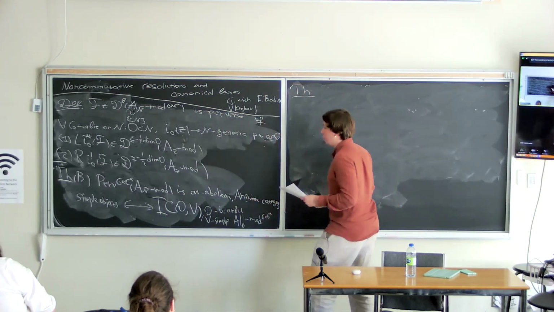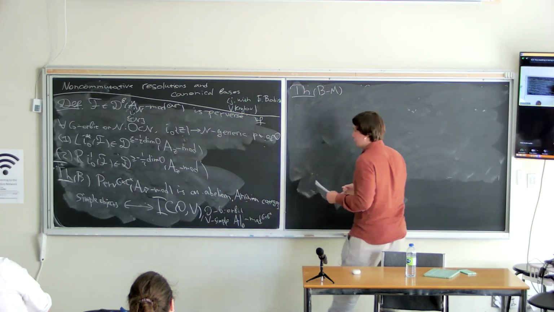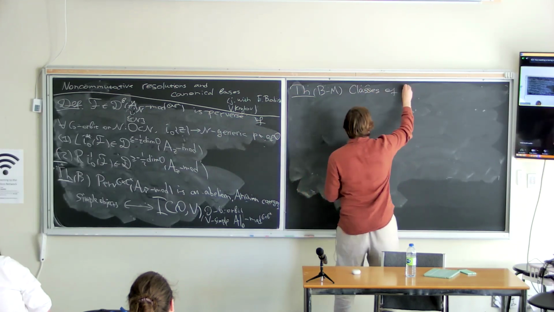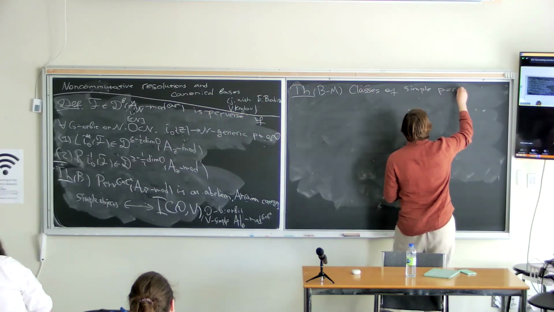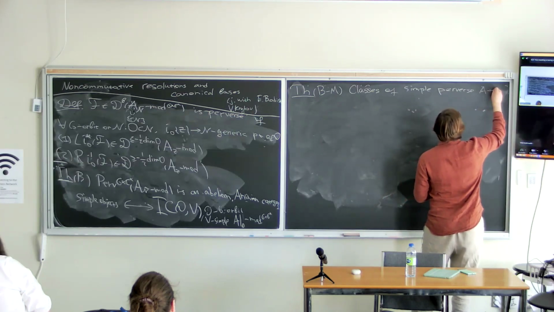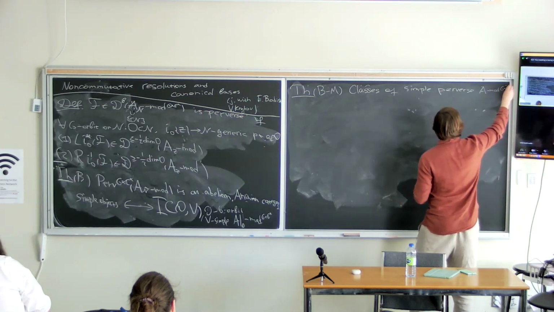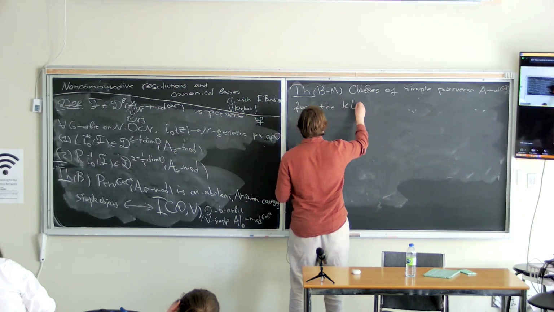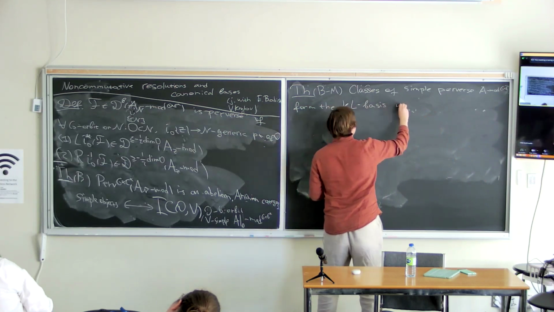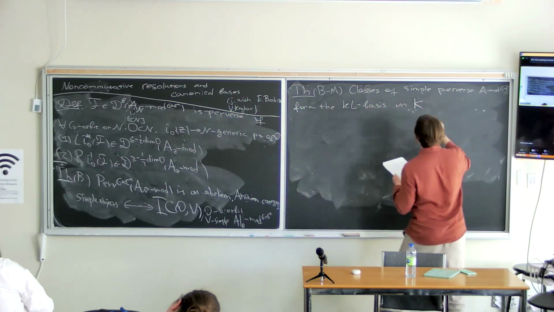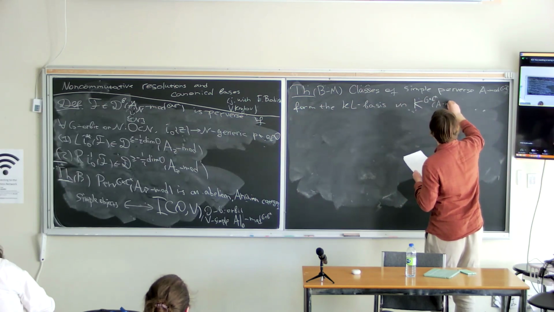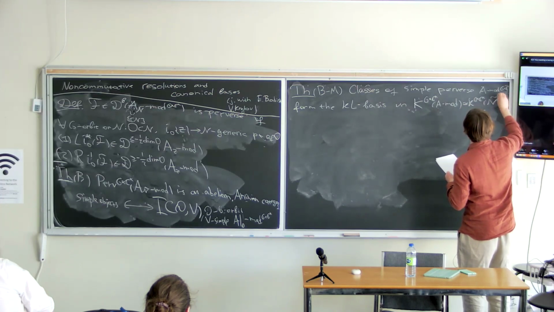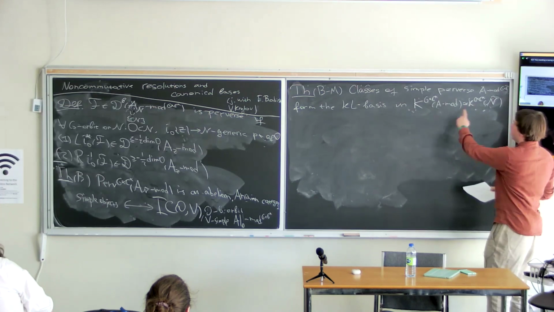Nice. And finally, a theorem also by Bezrukavnikov and Mirković, which answers the question which I posed: the classes of simple perverse A-modules, let me say covariant A-modules, form the Kazhdan-Lusztig canonical basis in, so I should put here the covariant K-theory of A-modules, but now as I explained, this is the same as the K-theory, the K-group of coherent sheaves here.